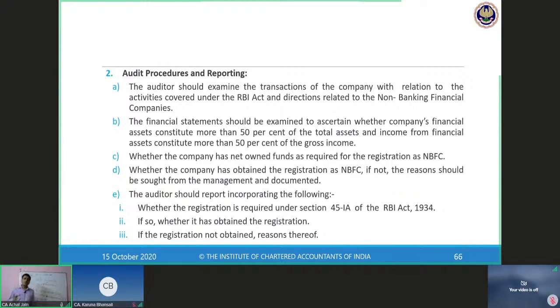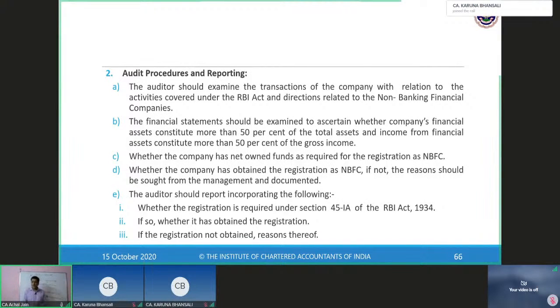He will also do the analysis of the financial statements in terms of the balance sheet, in terms of the P&L, whether they are having the ratios of financial assets and the financial income in excess of 50%, or which is making them greater than 50% as regards the total assets or the gross income. All of these procedures will be required to be performed by the auditor.